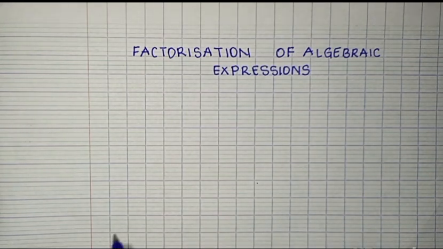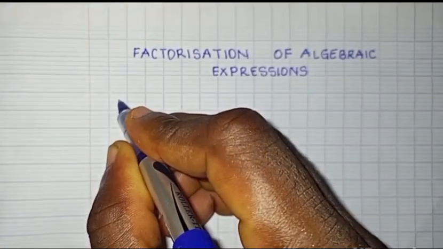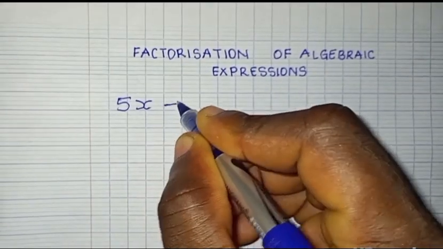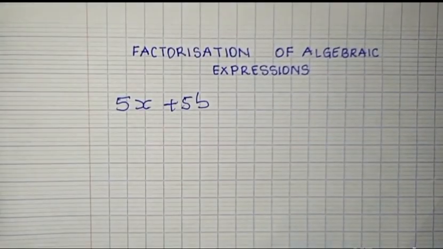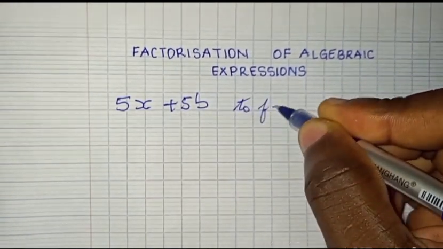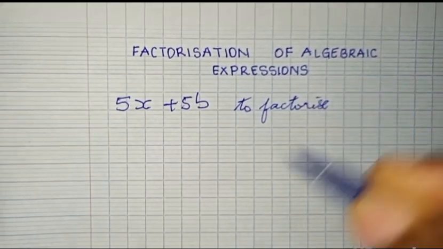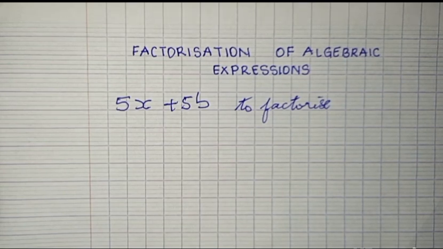Let's give an example. If I have 5x plus 5b to factorize, how do I look for the common factor or the highest common factor of the two terms?